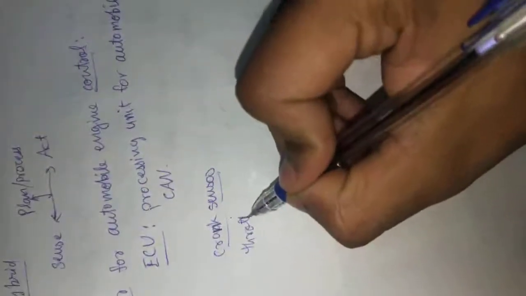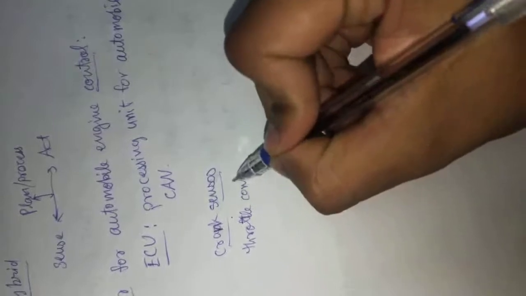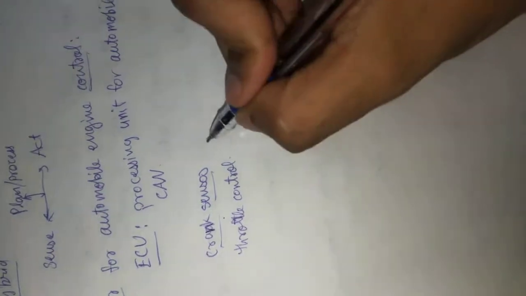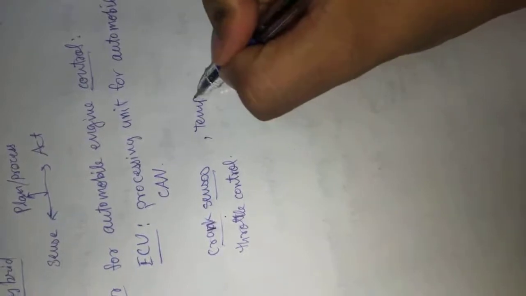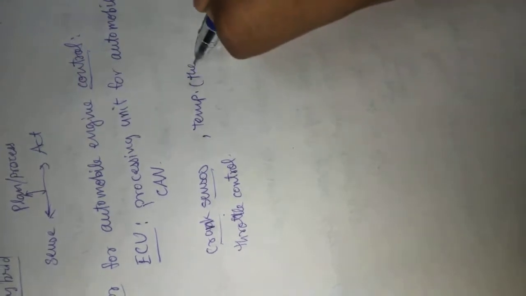Then another is throttle control, the accelerator you press to increase the speed. It gives the value for that throttle. We have a temperature sensor for engine temperature monitoring, generally a thermocouple type, designed for high temperature because the engine will be very hot while running.